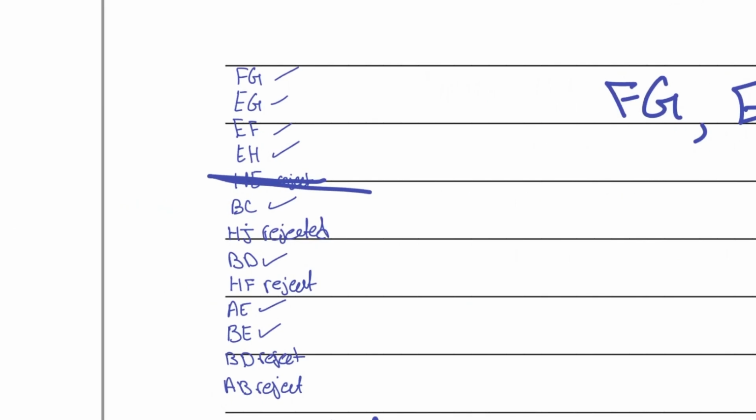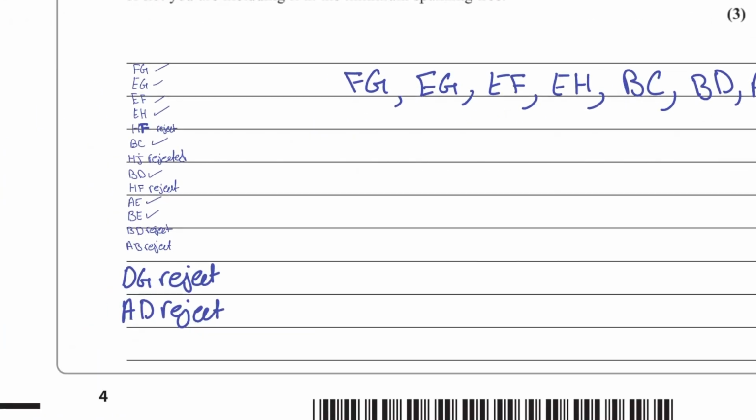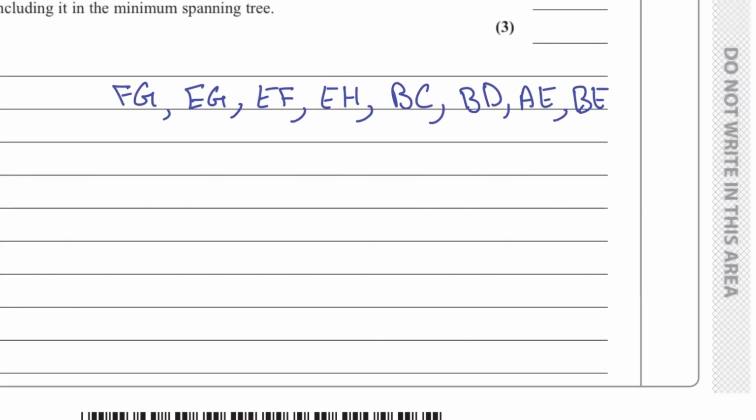Yeah, this was supposed to be HF. I'm sorry. Oops, that's too big. It's a little bit smaller. This is supposed to be HF. I was supposed to reject. Okay, there we go. So now we got the rejected ones and the accepted ones.